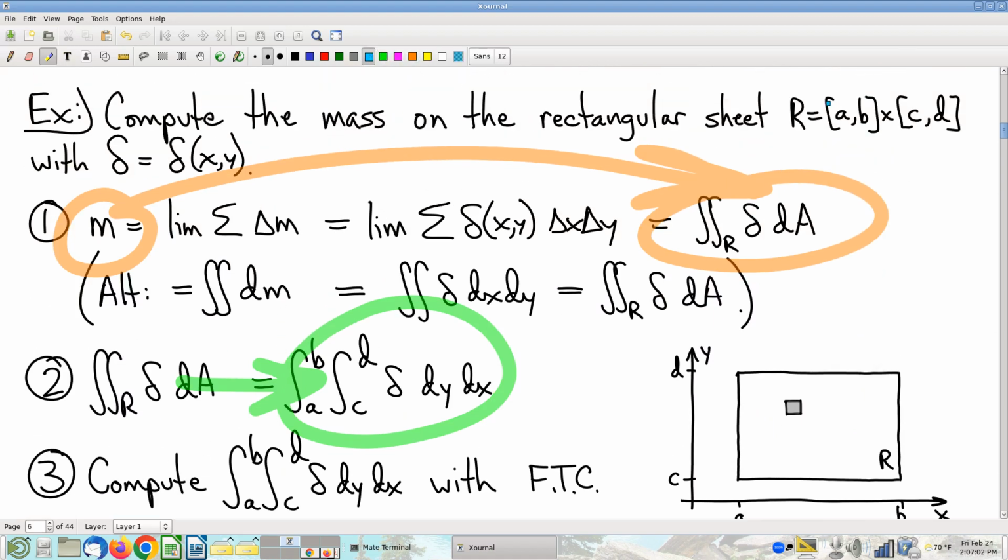The fact that the x values on the rectangle are from a to b tells me my x bounds are a and b. And the fact that the range of values for y is c to d tells me my y bounds are c to d. So boom, there's that. Everybody good?